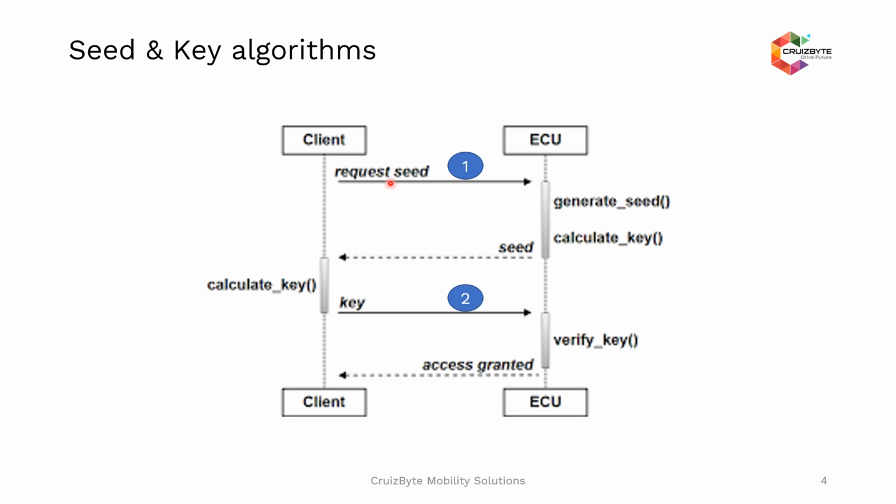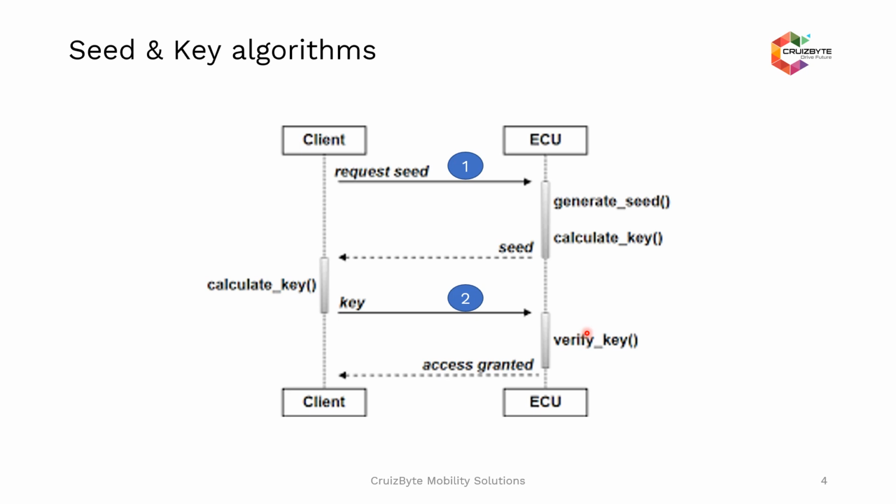Once the seed is available, a part of the seed and key algorithm is available on the diagnostic tester, where that algorithm calculates the key based on the seed value received from the ECU, and that calculated key value is sent again with the help of a new request, and the request will be again verified by the ECU in the algorithm.